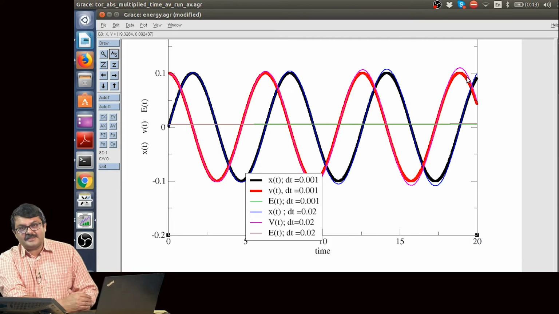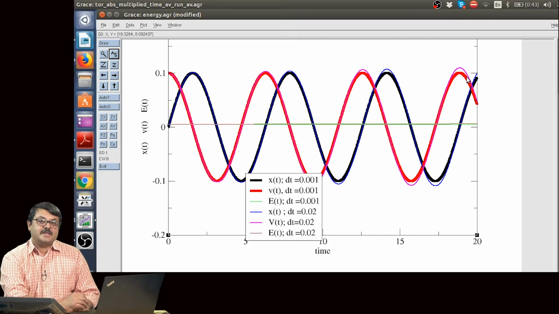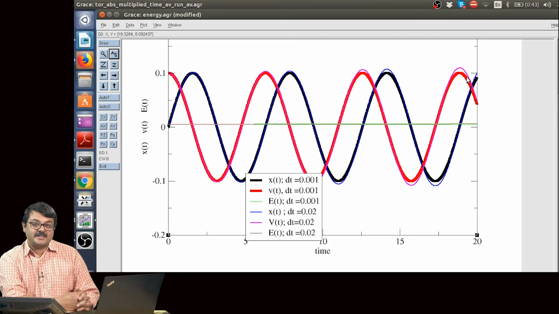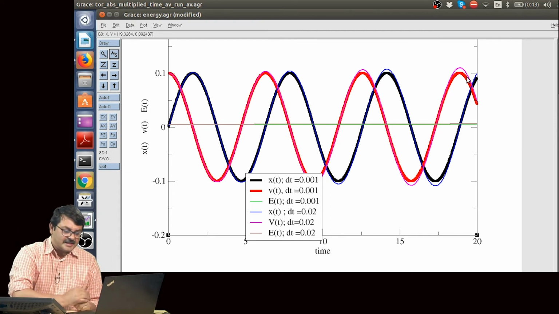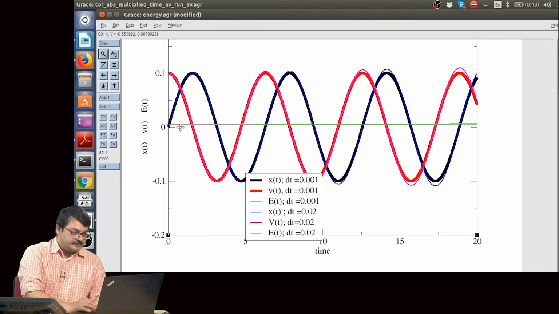But that is not surprising, as we discussed in the last class that in the Euler method the local error, the error at each integration step, goes as h square, and over the entire interval it goes as h, it increases linearly with h, and that is exactly what you are seeing. So, hardly surprising. What about the value of energy?